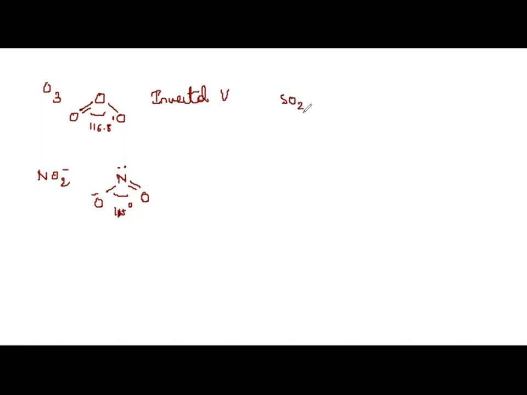For SO2, due to the presence of one lone pair on sulfur in one of the three sp2 hybrid orbitals, the SO2 molecule has an angular shape, or you can call it inverted V again. The bond angle here comes out to 119.5 degrees.